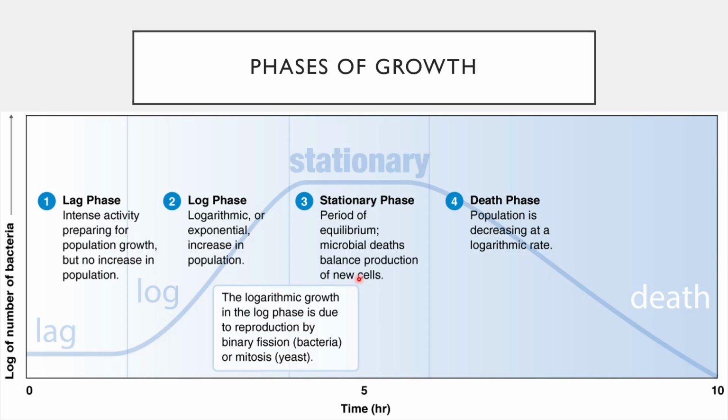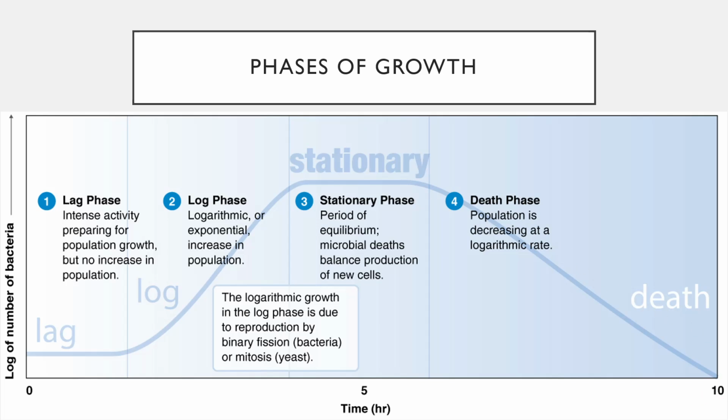And so the growth levels off again. The population is steady for a period of time, until eventually all of the nutrients in the environment have been depleted. And at this point, the microbes begin to die at a logarithmic rate. The fourth stage is therefore called the death phase, because we see the population of microbes drop back down.